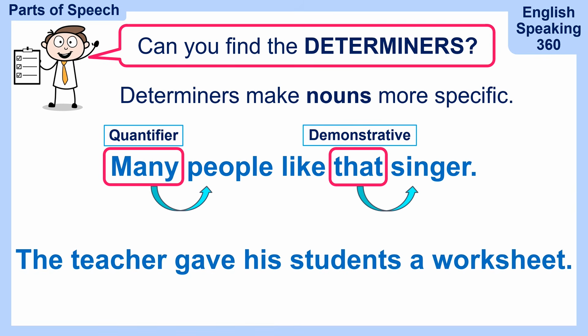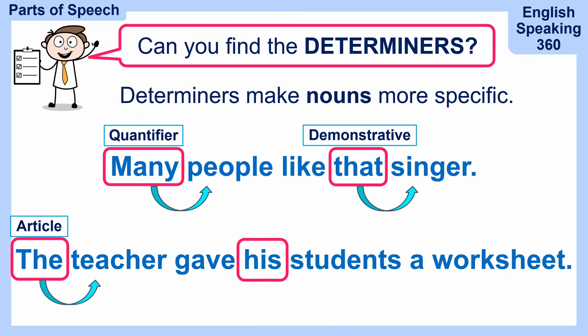One more sentence. The teacher gave his students a worksheet. You have a lot of work here. The first one is "the" teacher. Not just a teacher, the teacher. We know which one you're talking about. And "the" is an article. "His" is also a determiner.